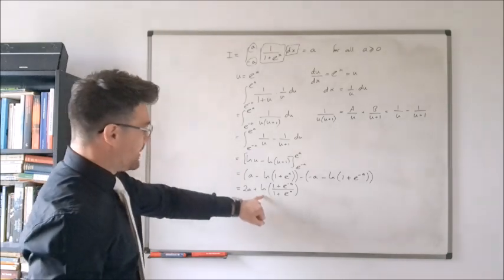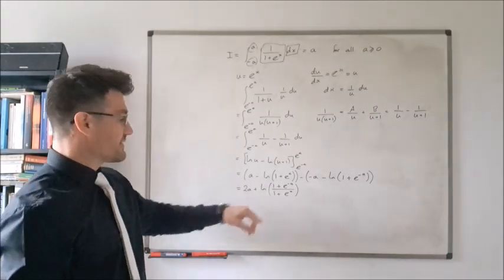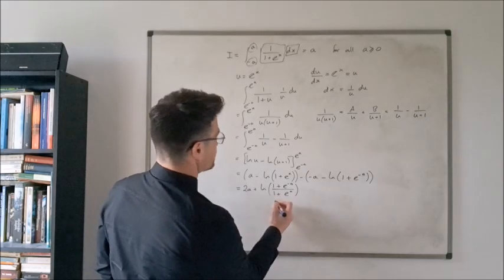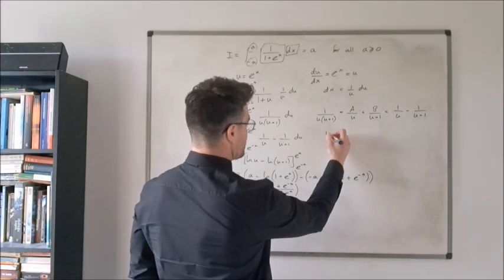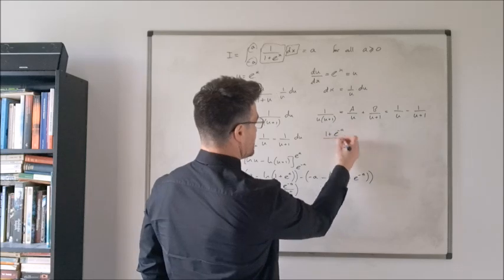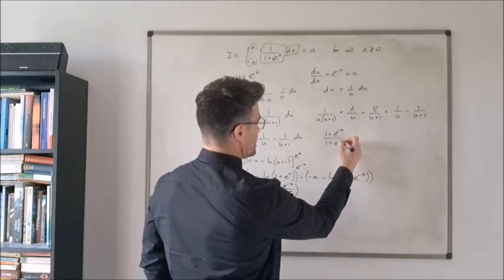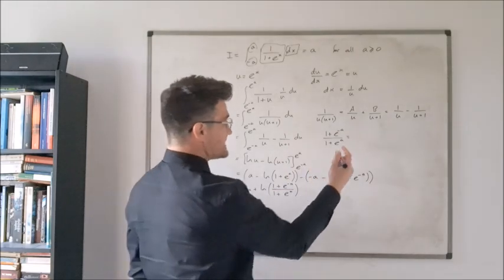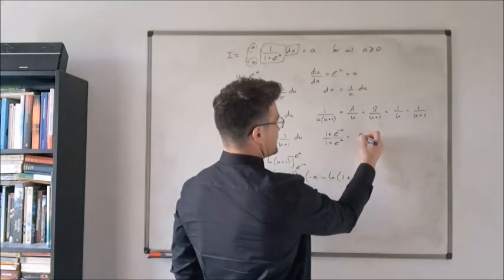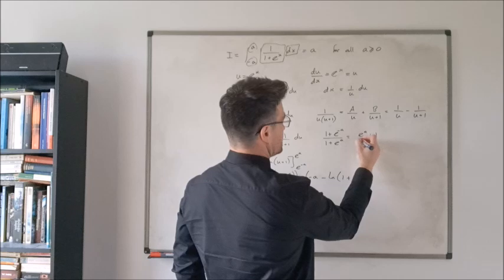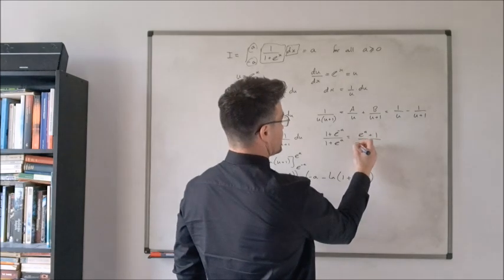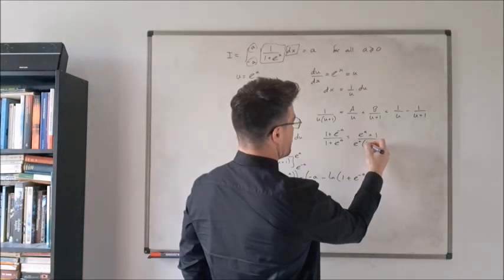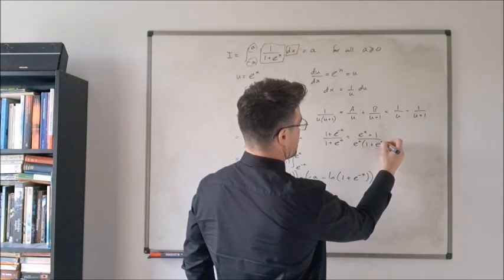So when presented with something like this, the only thing that I could really think to do was just to take this to one side, this 1 plus e to the minus a over 1 plus e to the a, and I multiplied numerator and denominator of this by e to the a. And that gives me e to the a plus 1 over e to the a times (1 plus e to the a).